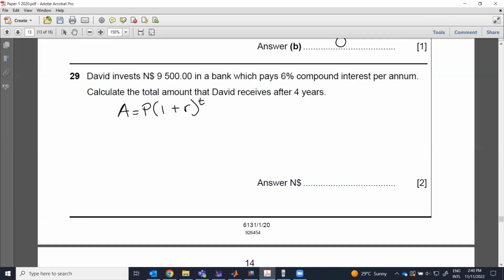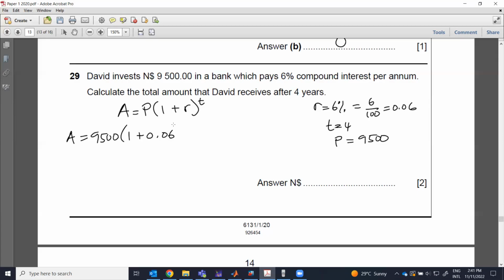So if it's 6%, your rate is 6 divided by 100, which is 0.06. Then my time is just 4 years. My principal P is 9,500. Just substitute. So A equals 9,500 times 1 plus 0.06 to the power of t, which is 4.